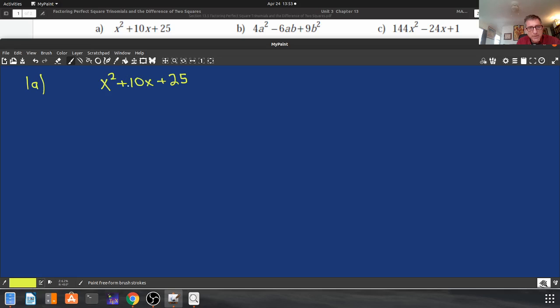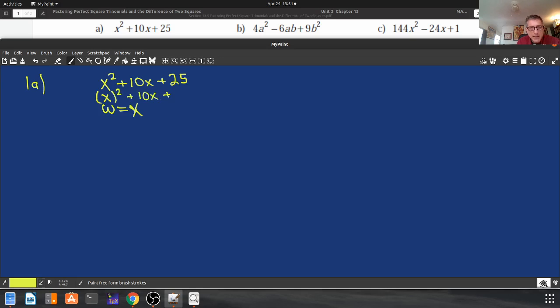So let's look at my first term, and clearly my W is equal to x. In other words, x squared is equal to x in parentheses squared.